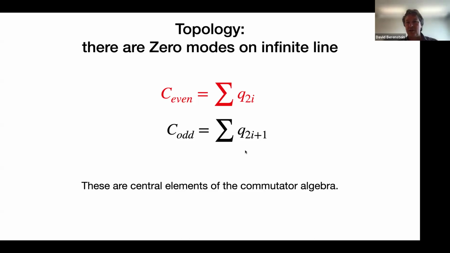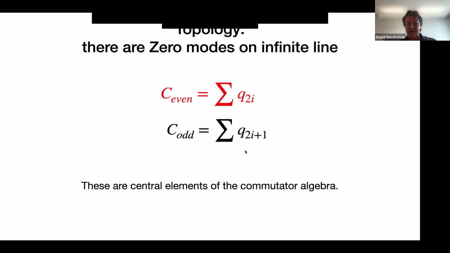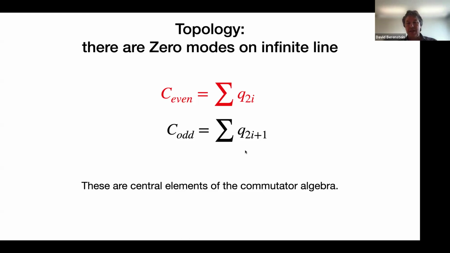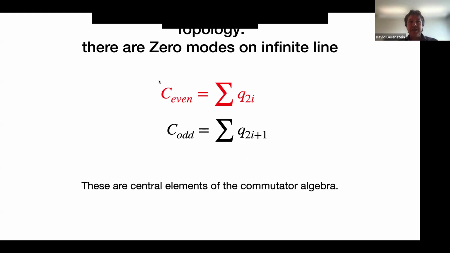So this is not a traditional Poisson bracket where the system is non-degenerate. There are these infinite sums that produce some degeneracy or produce some odd behavior of the system when you quantize. And then when you put it on a finite periodic lattice, if you have an even number of sites, then if you pick periodic boundary conditions, you keep the distinction between the even and the odd sites.